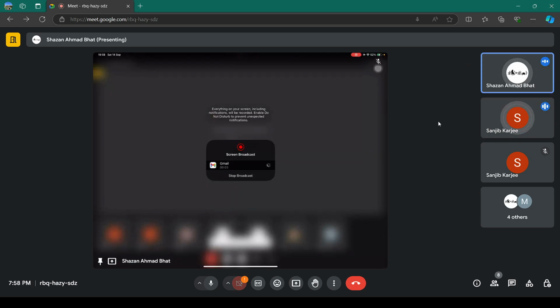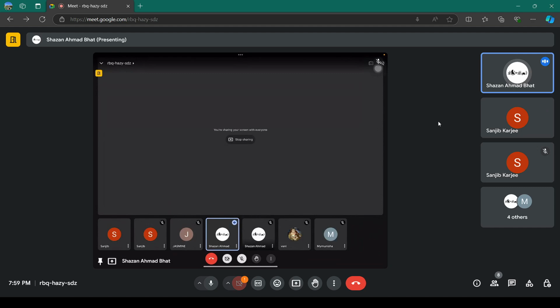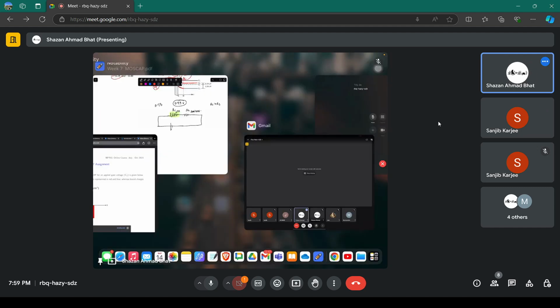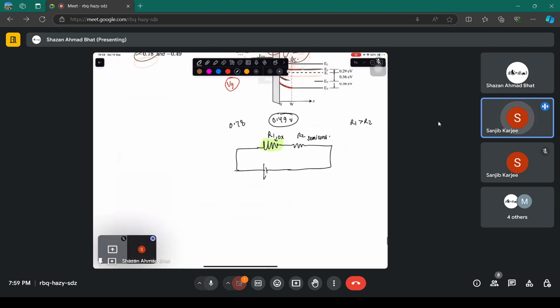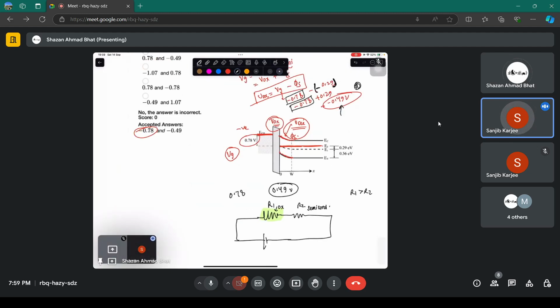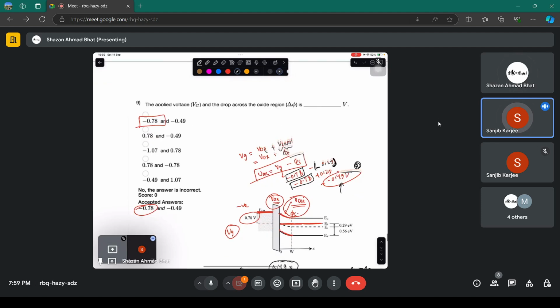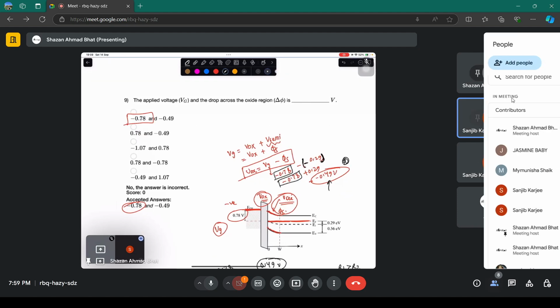Yeah, there'll be a negative sign because... let me just share the screen. 0.78, sir. Upper the Fermi level. So there is minus, no, 0.78.